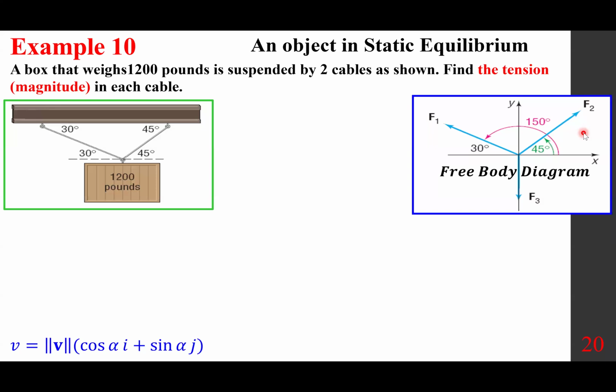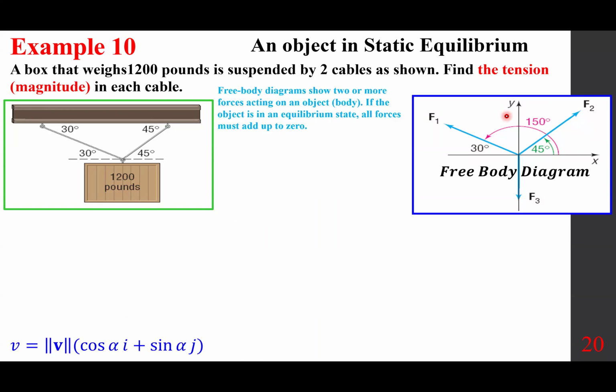Remember, we want angles measured from the positive direction. So this is a free body diagram. Free body diagrams show two or more forces acting on an object or body. If the object is in an equilibrium state, all forces must add up to 0.